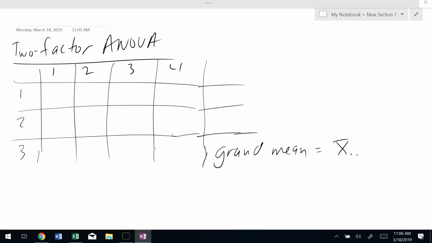But we could also do means in each individual row and each individual column, right? So we would have a mean over here, row 1, and then across the columns, so we use the dot on that. That would be our x1 dot. Oops, I put that grand mean in the wrong spot.